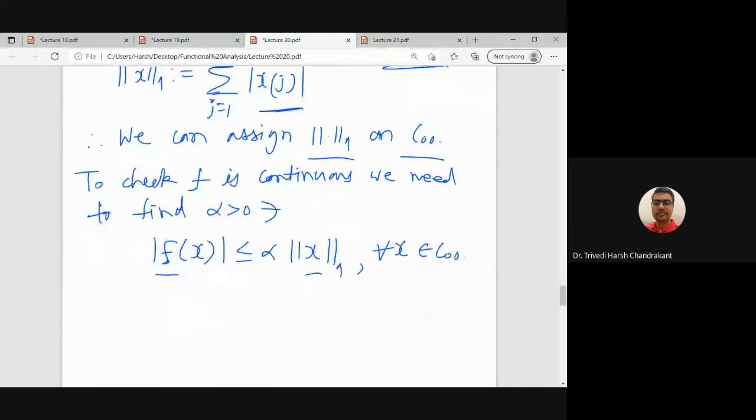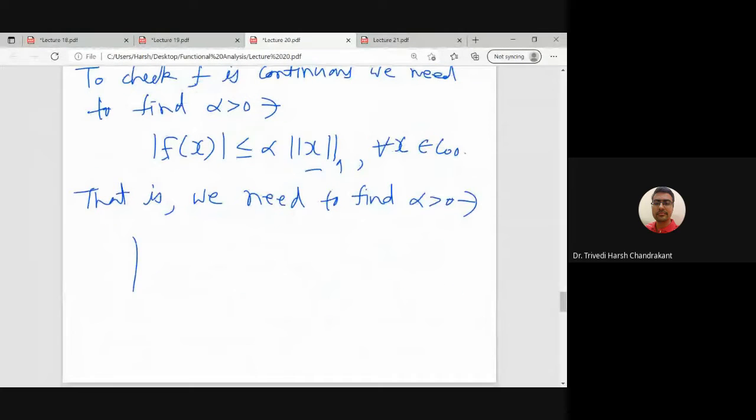So by the definition, we need to find alpha greater than 0 so that f(x), which is the summation of xj, j from 1 to infinity, is less than or equal to alpha times the one norm of x.